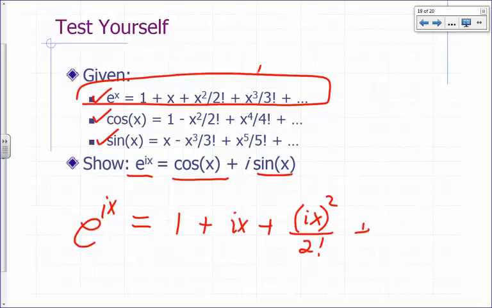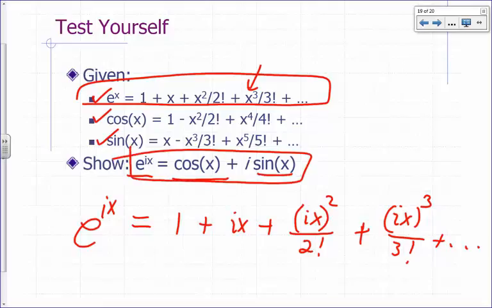Instead of x cubed, I'm going to write ix cubed over 3 factorial, and so on. And you should be able to show that e to the ix is equal to cosine x plus i sine x. So homework number 3.